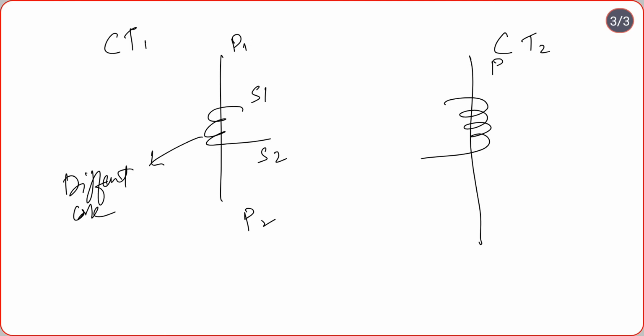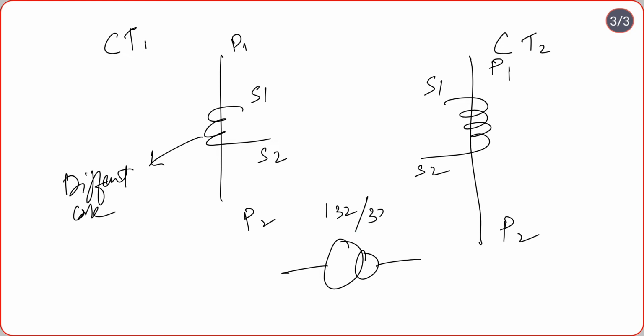This is P1 and this is P2. This is S1 and S2. And this is our transformer. This is a 132 by 33 kV transformer.